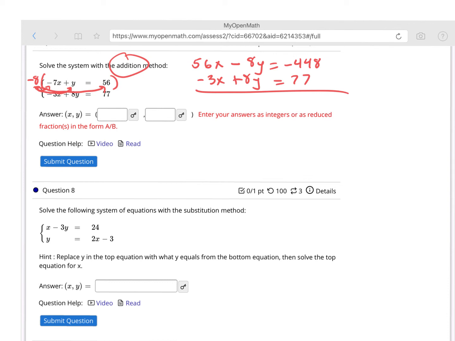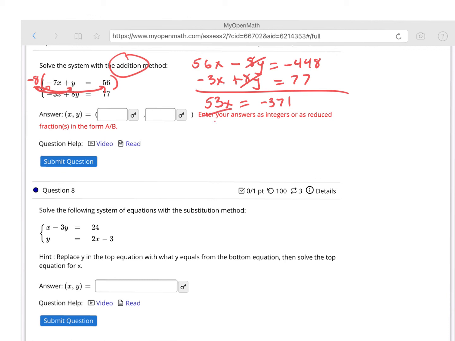So here's where the elimination or the addition comes in. What I'm going to do is I'm just going to combine. I'm not going to say add because sometimes you subtract, so I'm just going to combine these two. So 56x minus 3x will give me 53x. The -8y and positive 8y cancel out, and then -448 minus 70, plus 77 is equal to -371.